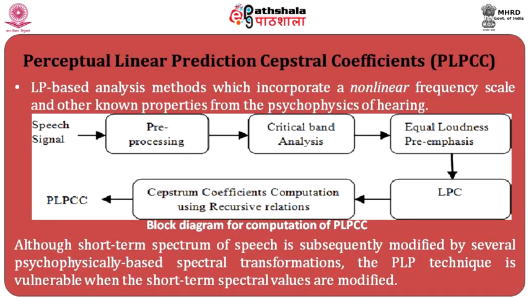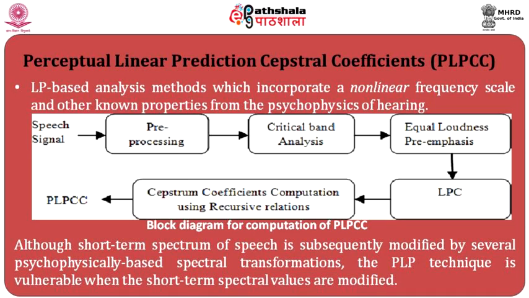The all-pole model of LP is then used to give a smooth, compact approximation to the simulated auditory spectrum. And finally, the LP parameters are transformed using recursive relations to cepstral coefficients for use as segmentation features. PLP analysis is more consistent than conventional LP analysis with human hearing.